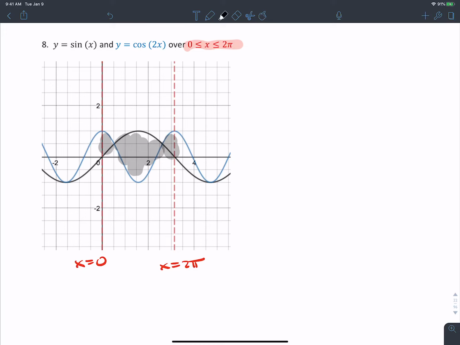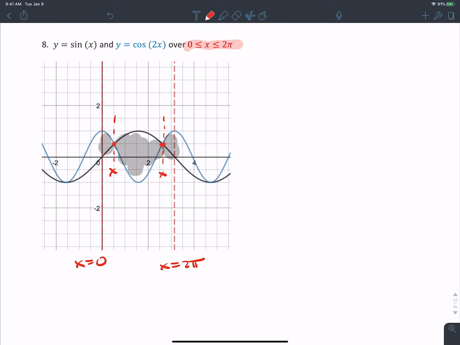Is that true? But notice something here. You have what? You have 2 points of intersection in that interval. That's some x value. And it looks like this is a little bit to the right here. That's another x value. So far, so good?